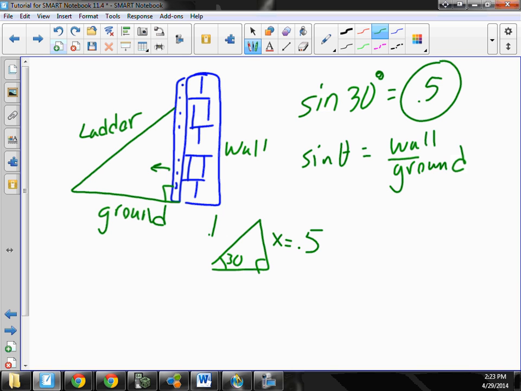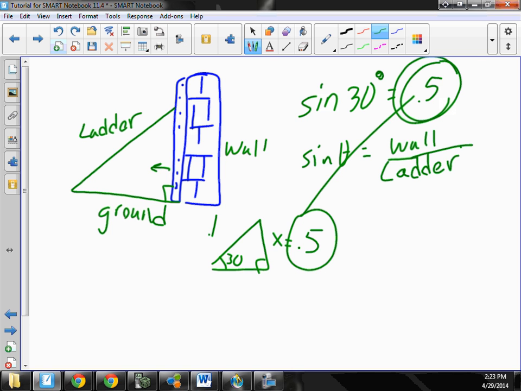Now, notice that this number matches that number. When the ladder is length 1, the percentage is equal to the side length, which means, oh my goodness, I am all over the place. Wall over ladder.